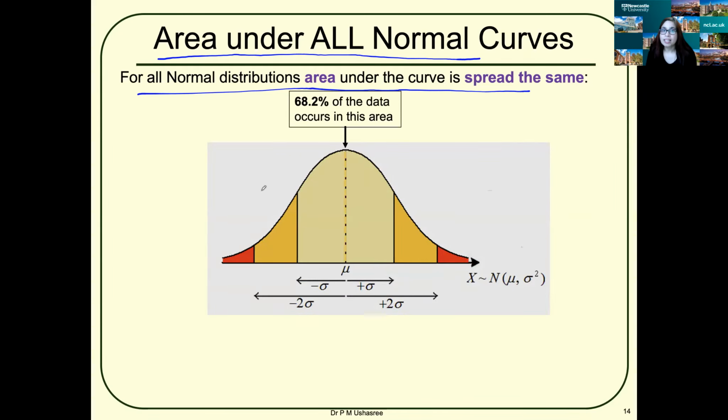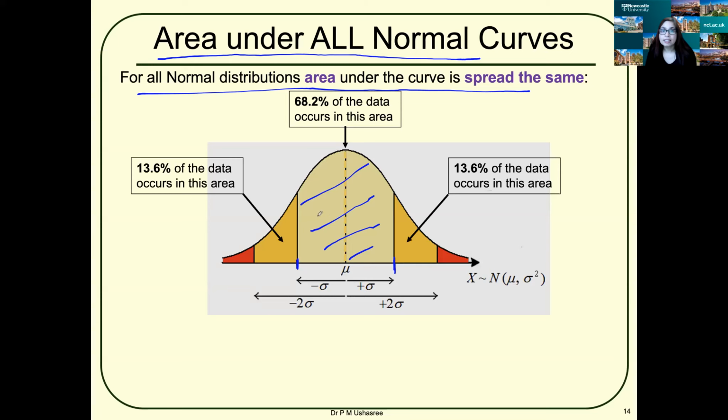That is, 68.2% of the data will occur in this area, between plus sigma and minus sigma, that is between 1 standard deviation on either side of the mean.